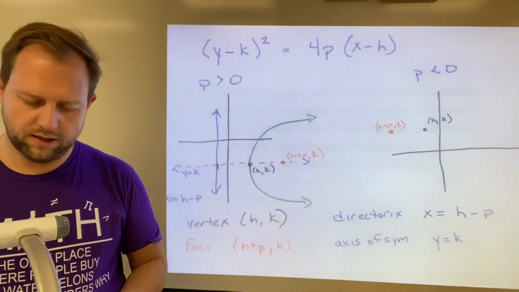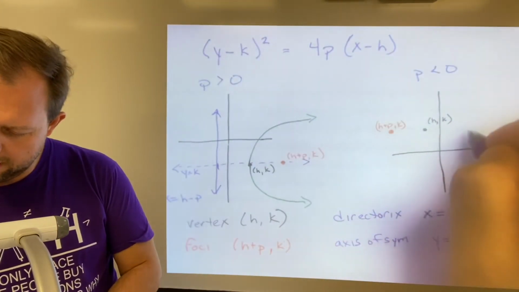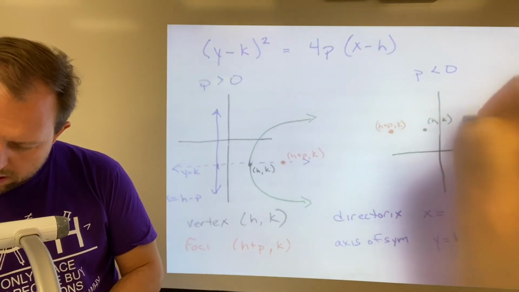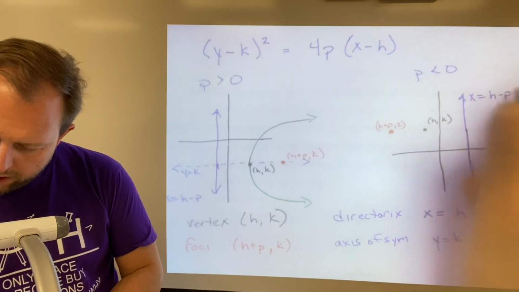So it's heading to the left, which means our directrix is equal distance to the right, and that is x equals h minus p.